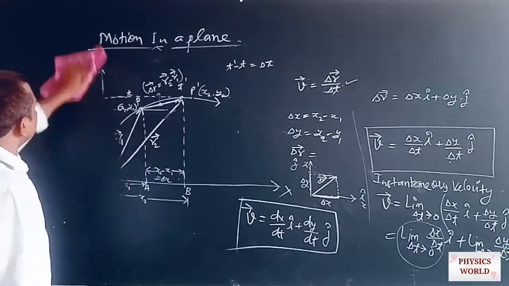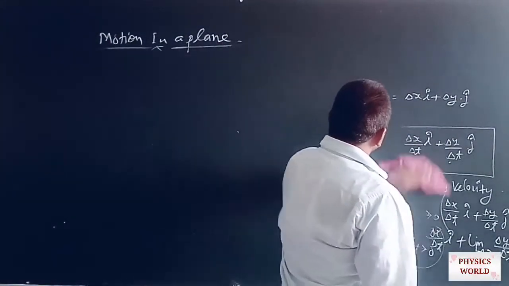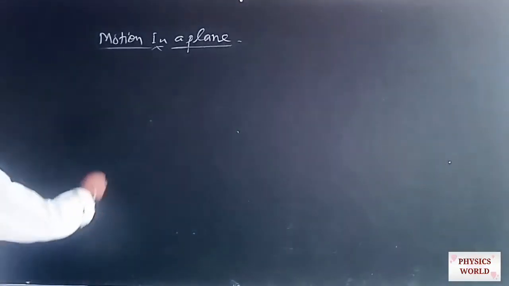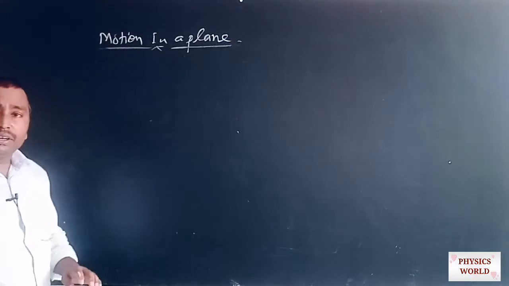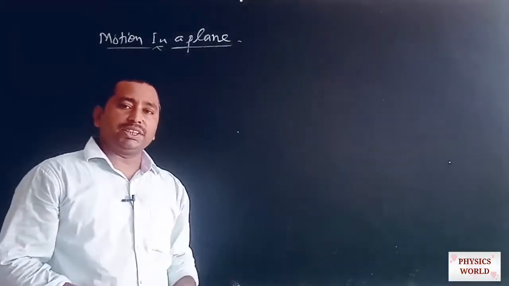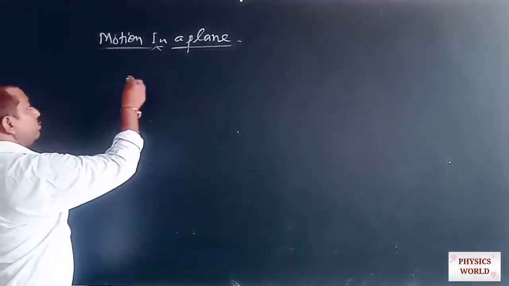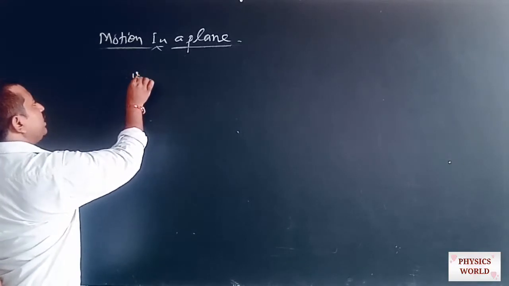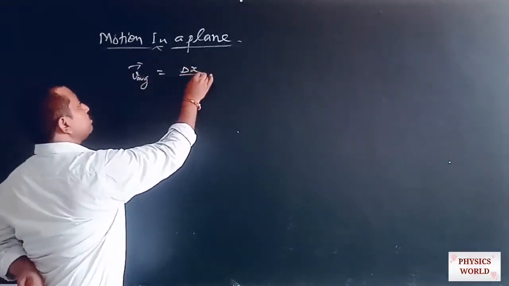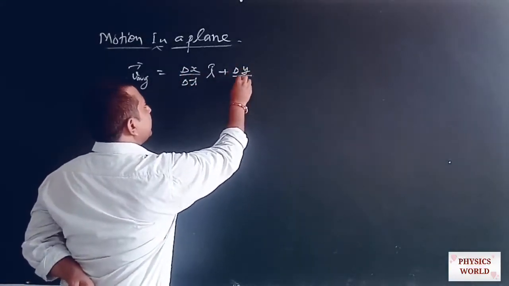If we want to calculate the acceleration acting on the particle, then it can also be easily calculated with the help of this method. Similarly, if you want to calculate the average velocity, it means v average can be equal to delta x by delta t i cap plus delta y by delta t j cap.